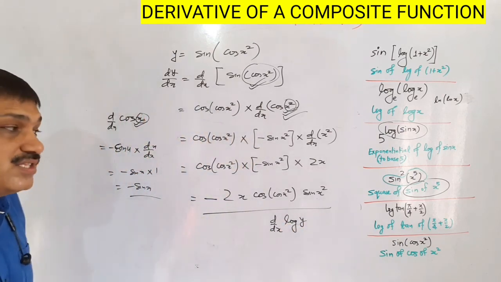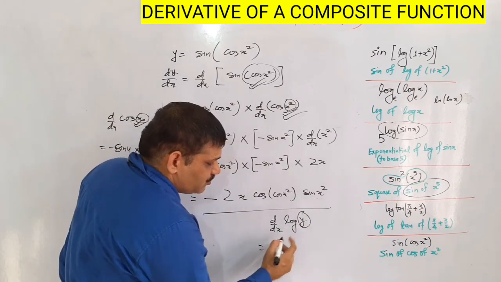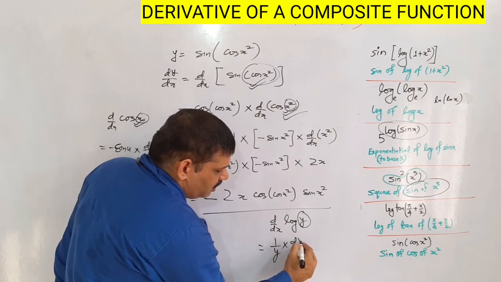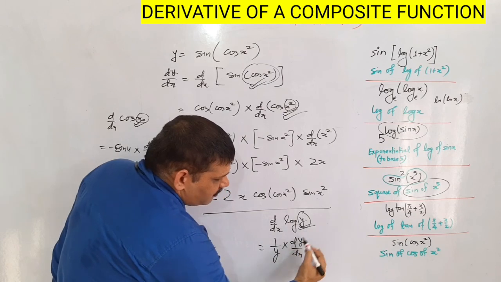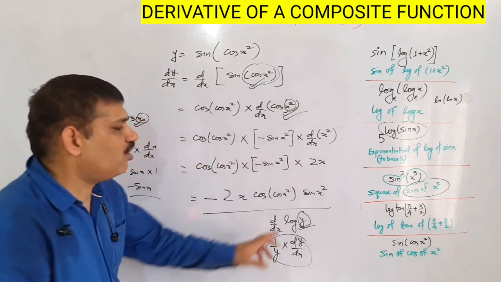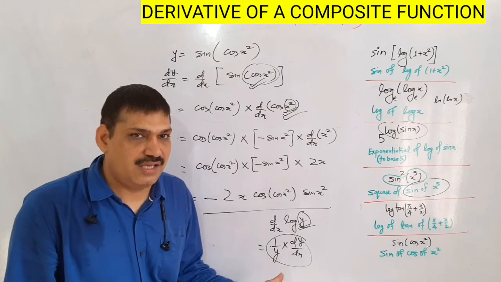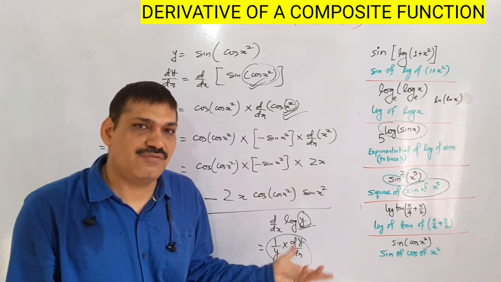Don't forget to apply the chain rule. Here y will be treated as u, so the derivative of log u is 1 upon u into dy by dx, the derivative of that which we have considered. So the derivative of log y is not simply 1 upon y, but it is 1 upon y into dy by dx. We will talk about it later in implicit functions.